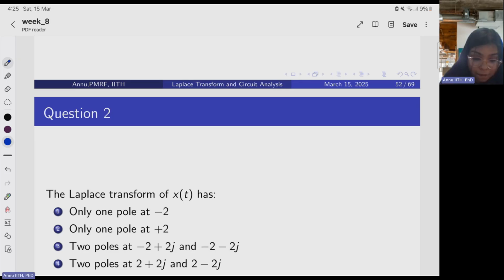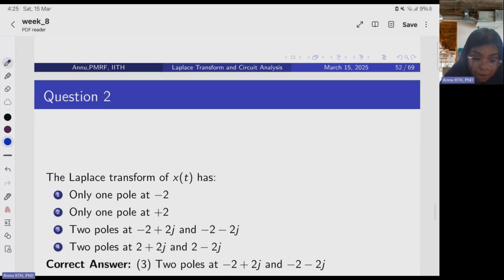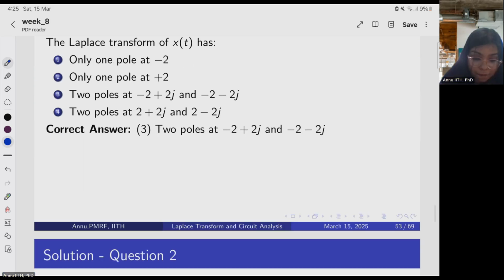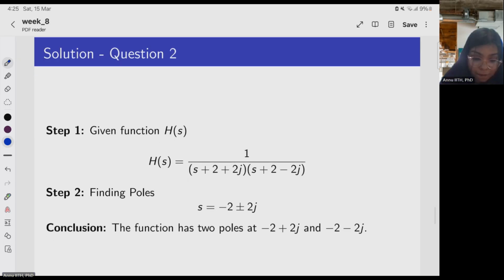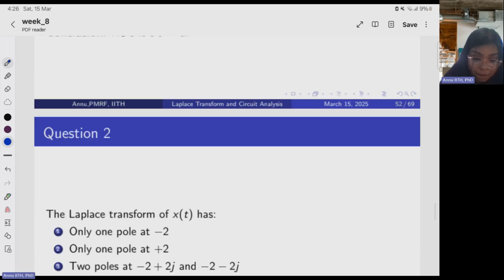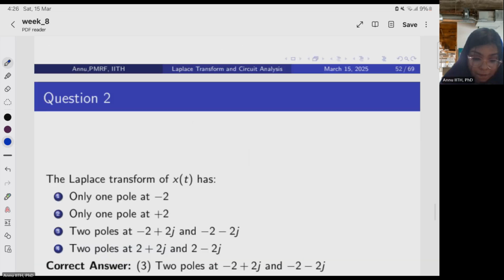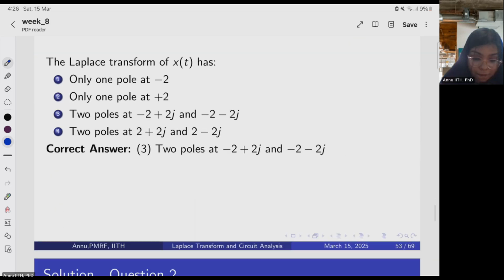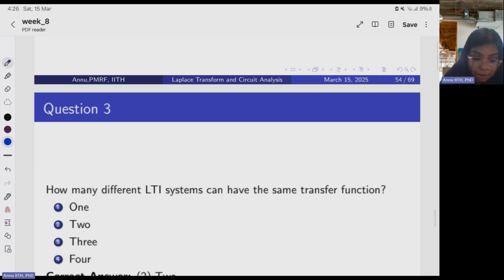It's only one pole at s equal to minus 2. So the correct answer is C. How? Because, sorry, for the question, it's my mistake, I didn't type it well. H of s was given, so for this H of s, it's obviously this.